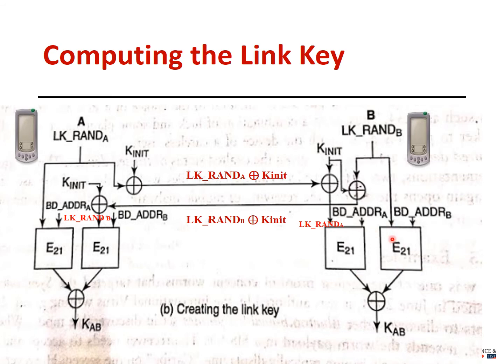For the first block, random number of A and address of A. In the second block, random number of B and address of B. This again goes to another XOR operation to get the link key.